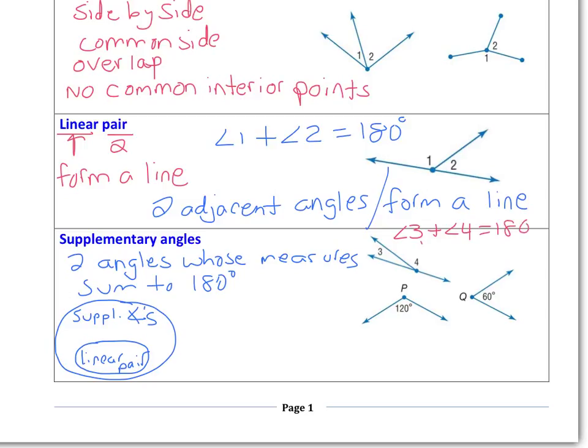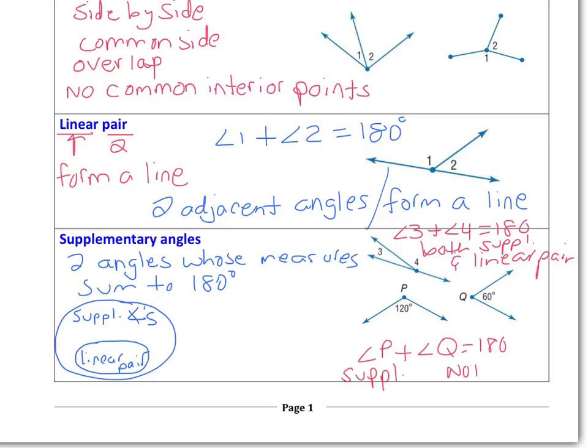They are both supplementary and a linear pair. Angles P and Q also sum to 180 degrees, so therefore they are supplementary, not a linear pair because they are not side by side or adjacent.